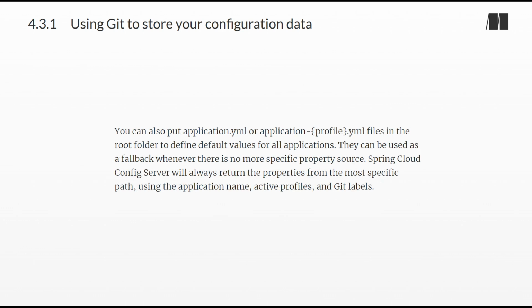You can also put application.yml or application-profile.yml files in the root folder to define default values for all applications. They can be used as a fallback whenever there is no more specific property source.